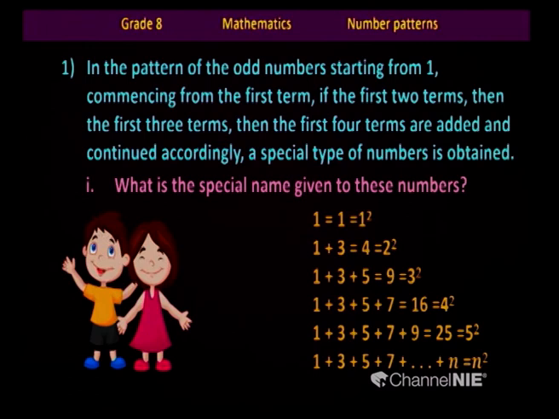So, 4 I can write as 2 squared. Next one, 1 plus 3 plus 5, that is equals to 9. So, 9 can be written as 3 squared. Likewise, when we consider these answers, we can observe it's another number pattern. What is this? Here the answers represent the square numbers.